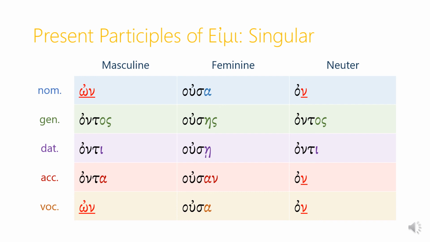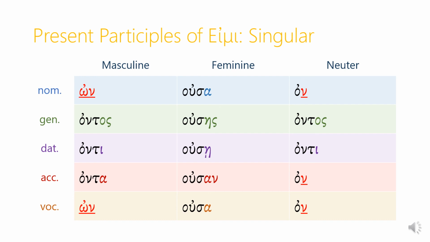Before we leave present participles, we should say something about the present participles of eimi, I am. Now, we don't have aorist participles of eimi, basically because the aorist aspect doesn't really make sense with the verb of being. The idea of being is inherently an ongoing process.